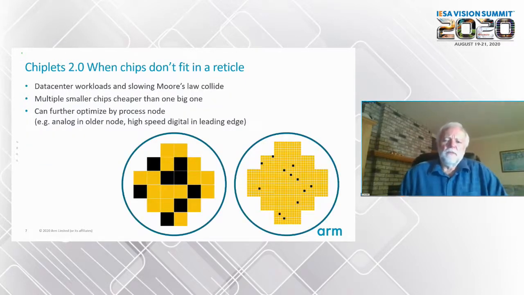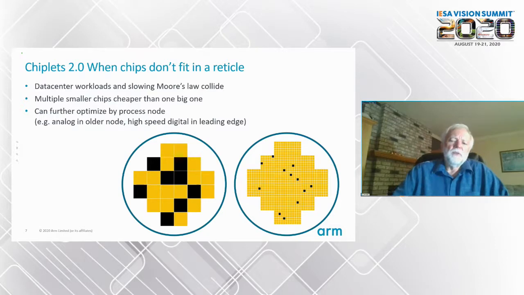The next effort at chiplets happened in the last few years, and it's a result of two different things. First of all, data center workloads, as we heard in the previous talk, are scaling up immensely, and they don't show any sign of slowing down. But Moore's law is already slowing down from the perspective of large CPU or other complicated logic chips.